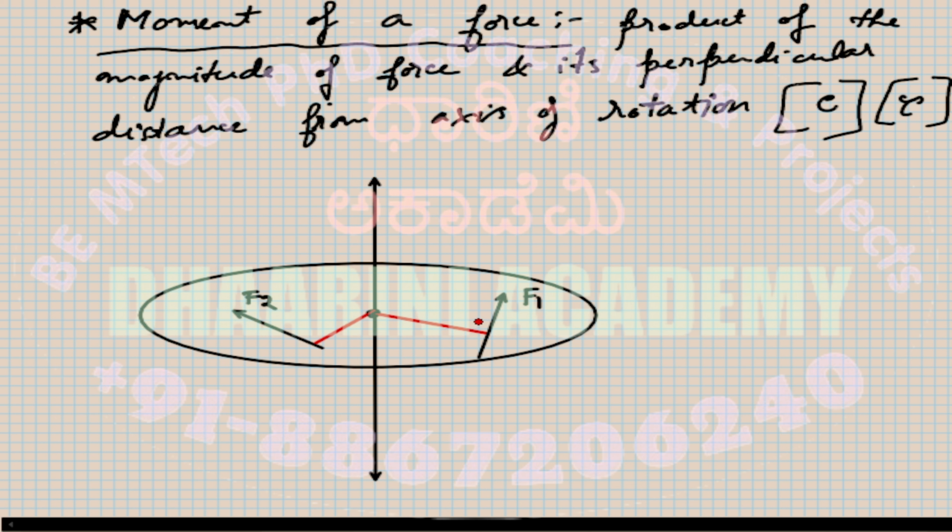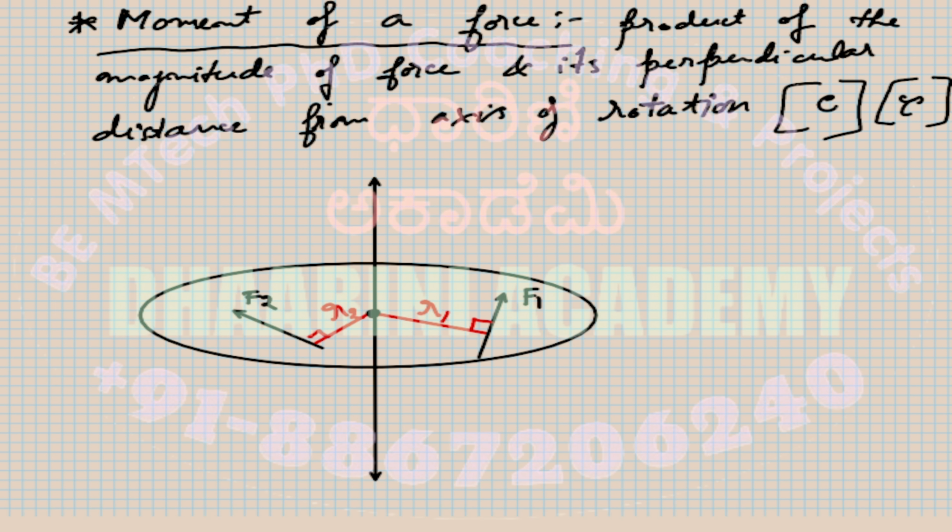This one shows an angle of 90 degrees, and this is also 90 degrees. Let me call the first distance R1, and the perpendicular distance for the second force R2. Now, the direction in which the object is going to rotate gives you the direction of torque. So let's write a fundamental rule here.